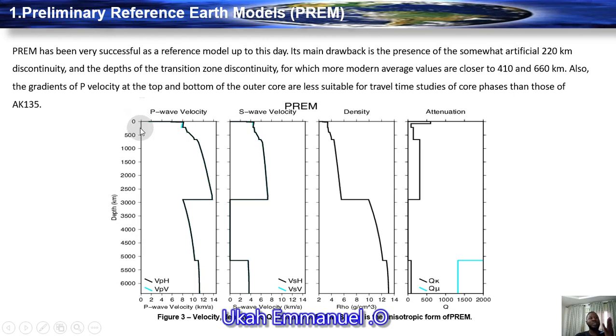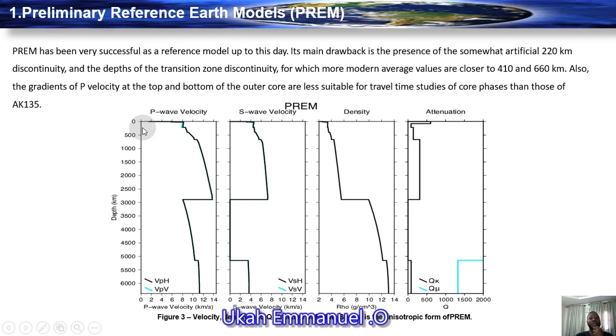You know, the continental crust is 35 kilometers thick, which is up here a little bit. But in the upper mantle, the discontinuity of the preliminary reference Earth model is at 220 kilometers. That is even before this 500 kilometer mark here. That is almost here, half of this place, right?